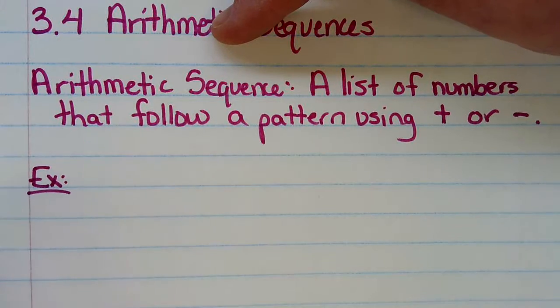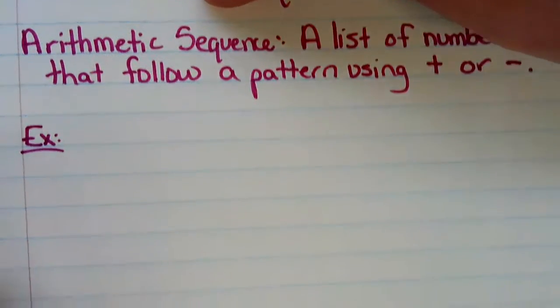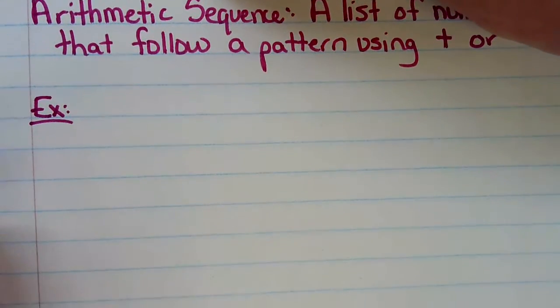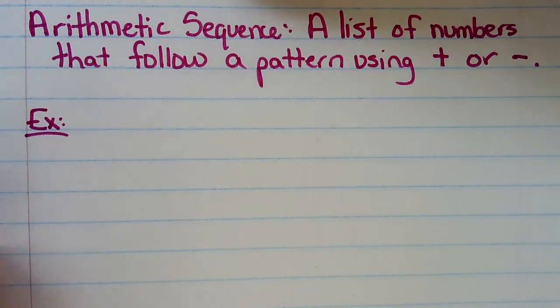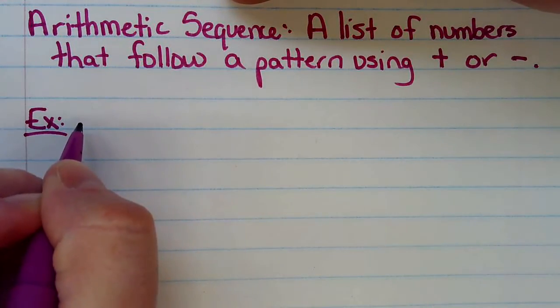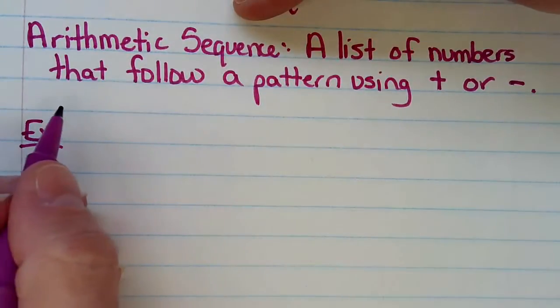Okay, first example, and actually there's going to be 3 of them that have the same exact directions. All it's going to ask you is, oh, I forgot one thing.